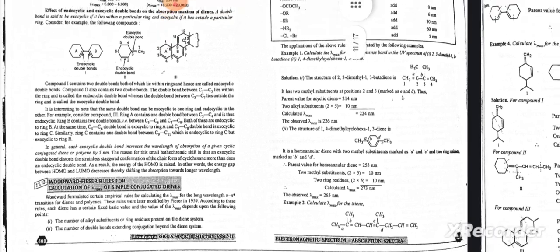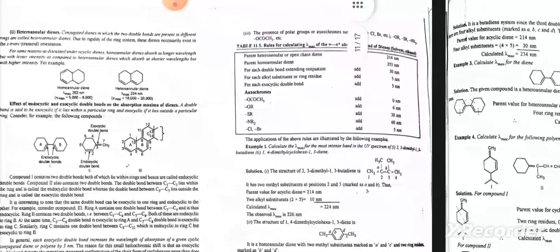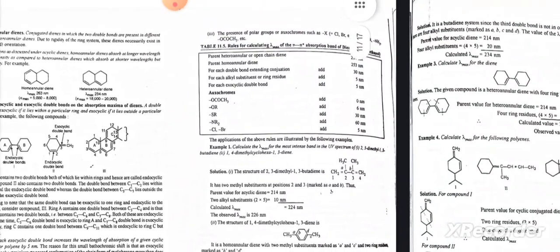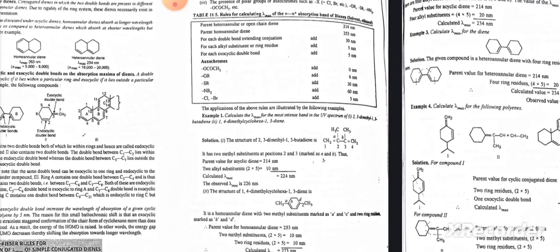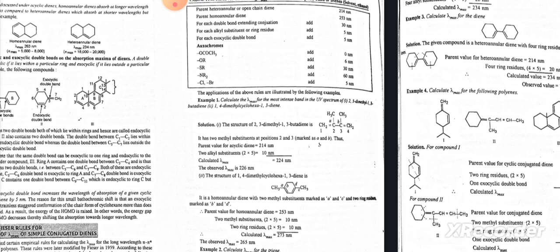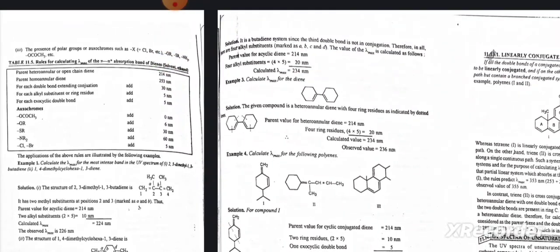First one is the number of alkyl substituents or ring residues present on the diene system. Second one is the number of double bonds extending conjugation beyond the diene system. Third is the presence of polar groups or auxochromes such as Cl, Br, etc. The applications of the above rules are illustrated by the examples given below.